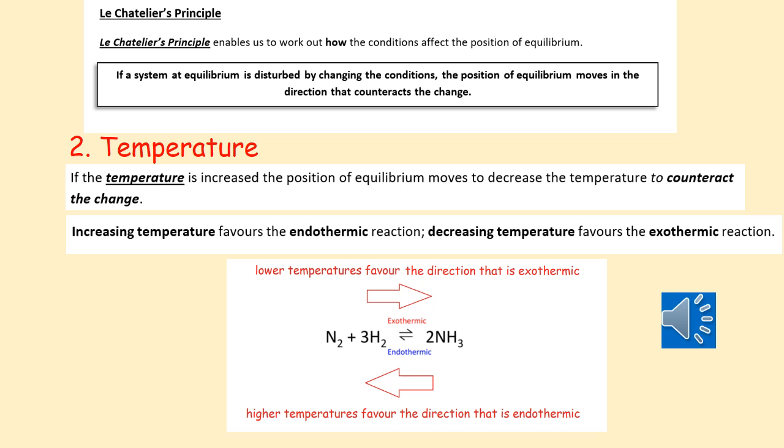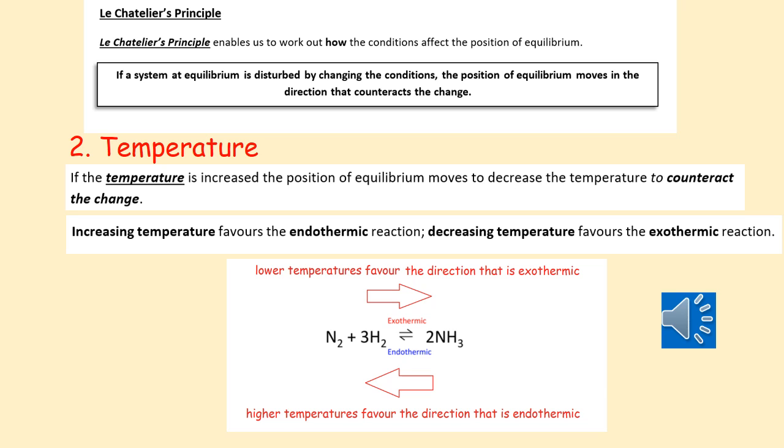And in an exam question, you will be told that. So in the example I've given you here of the nitrogen, the hydrogen and the ammonia, you'll be told that the reaction is exothermic forward and it will be endothermic backwards.